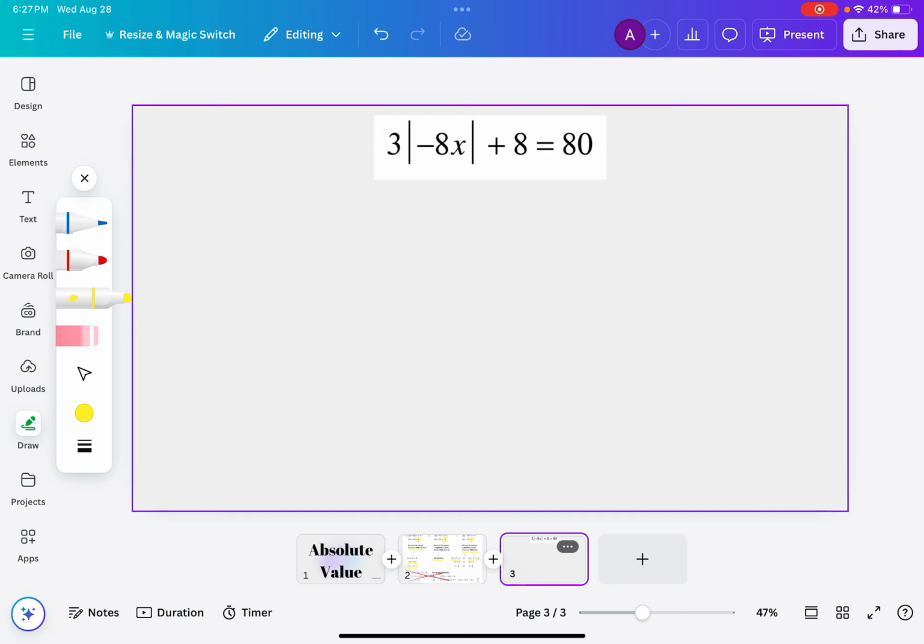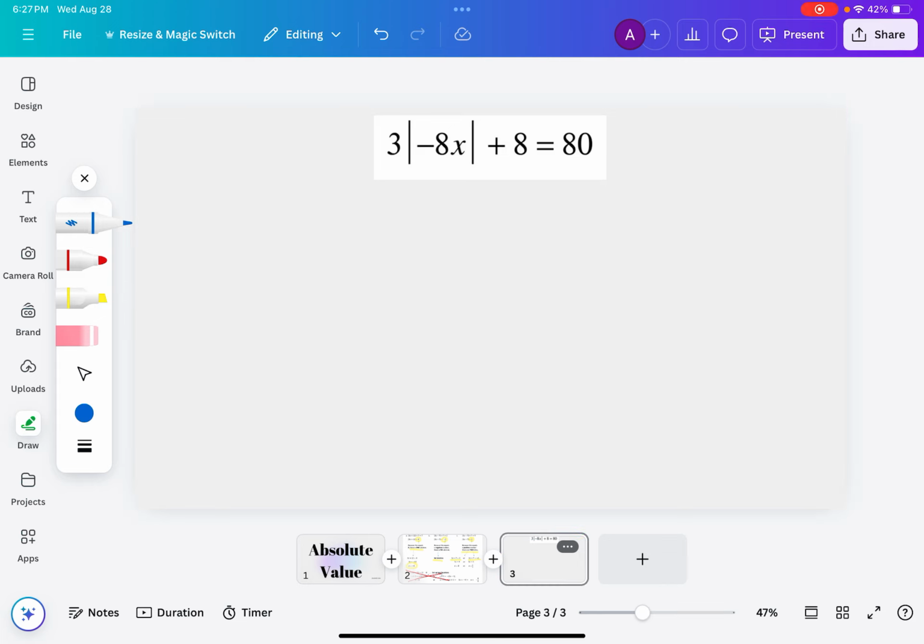We're going to go ahead and get right into it. So remember, first step is always to isolate the absolute value bars. So we want this by itself. In order to get that by itself, we need to get rid of this 3 that is being multiplied and this 8 that is being added.